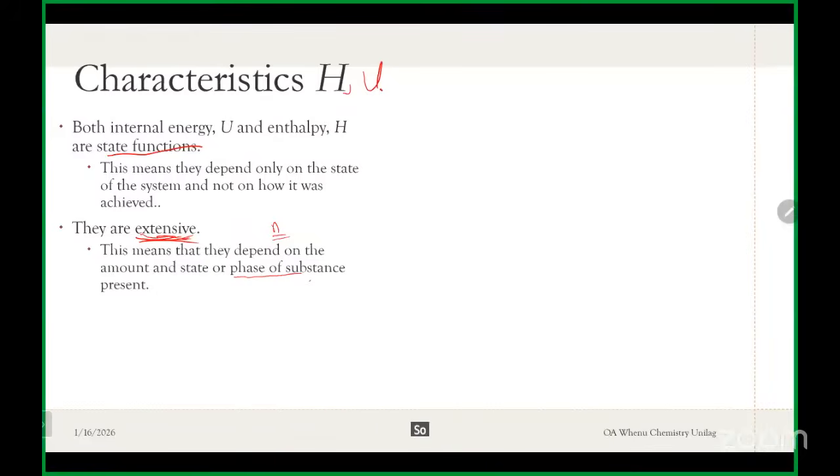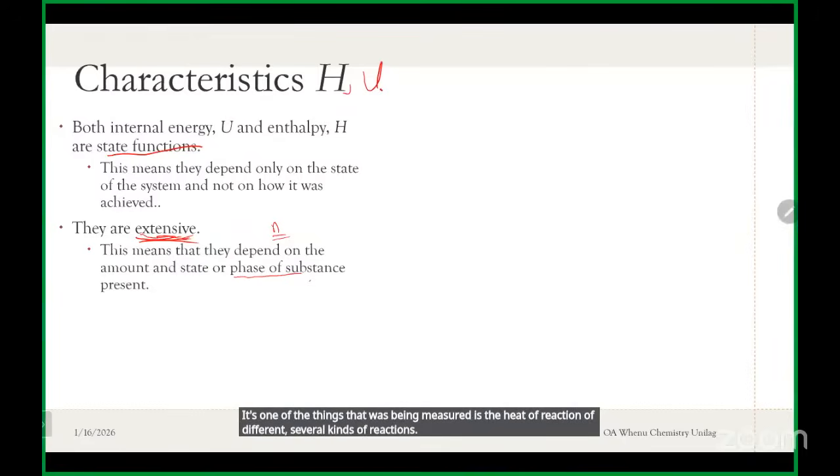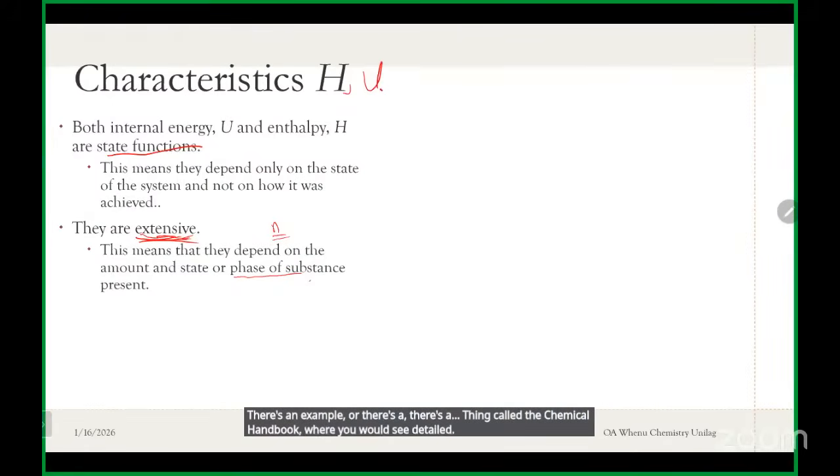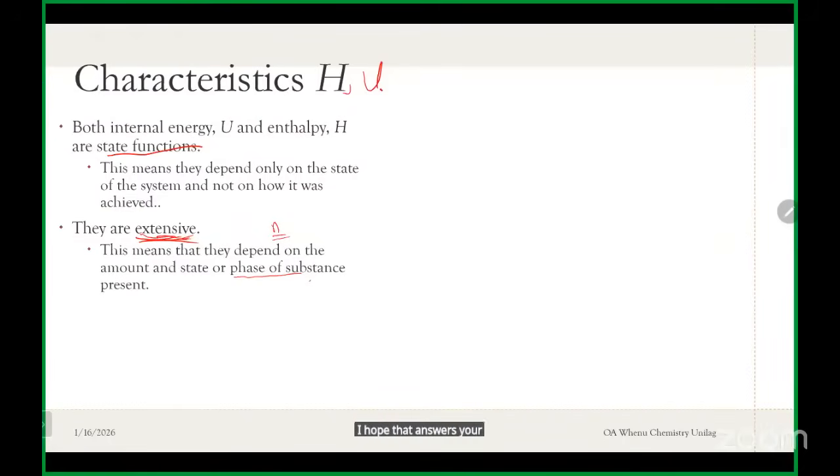There was a time when one of the things being measured was the heat of reaction of several kinds of reactions in order to understand some other concepts. So you would see a table. There's a thing called the chemical handbook where you would see detailed reactions that have been carried out and their heat of reaction has been measured. I hope that answers your question, Chukwuemeka.